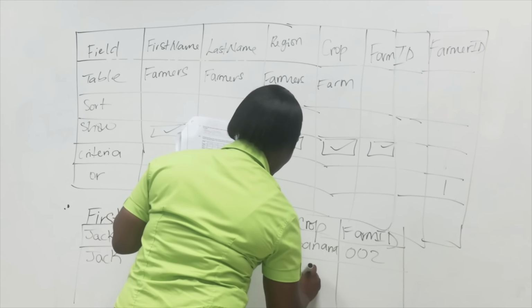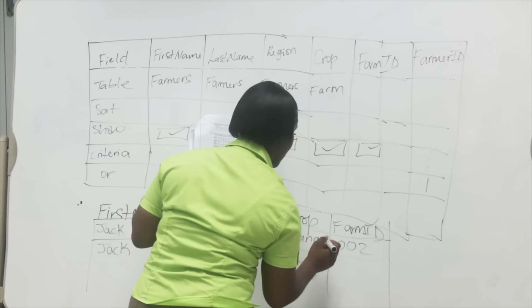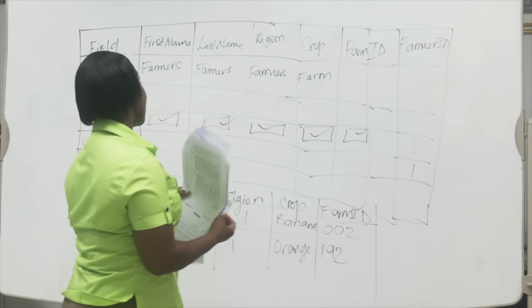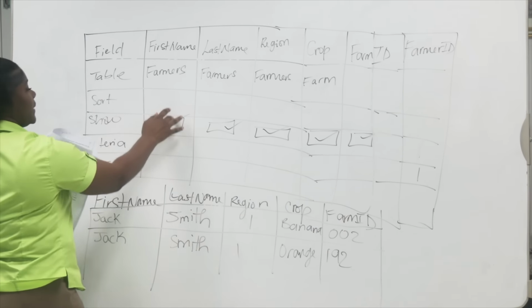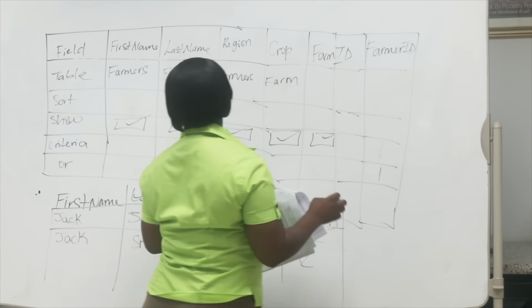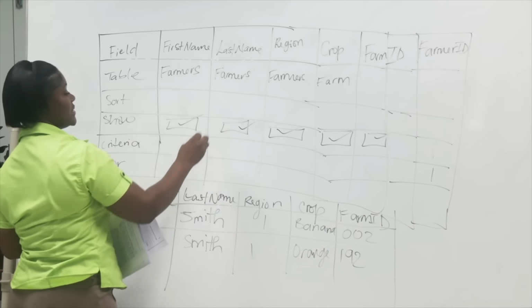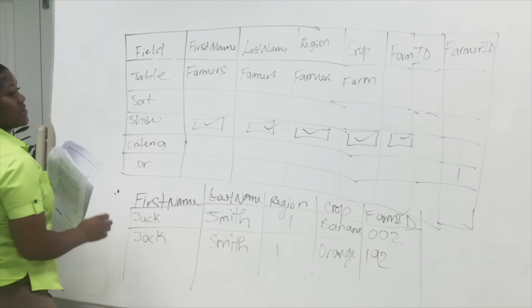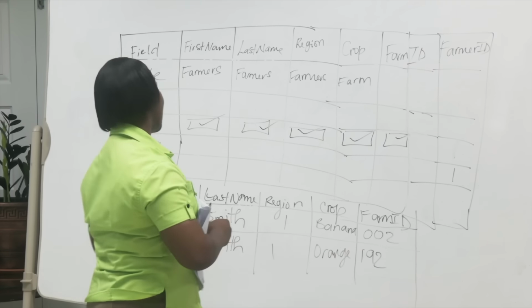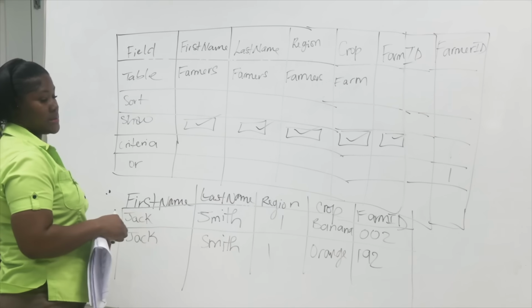Crop is orange, and it's coming from farm ID, which is 192. So this would be the interface for your query, and the criteria was farmer ID should be 1, and you want all this information here to be displayed, and this would be the result for your query once the data has been extracted. So you would end up with 2 records.